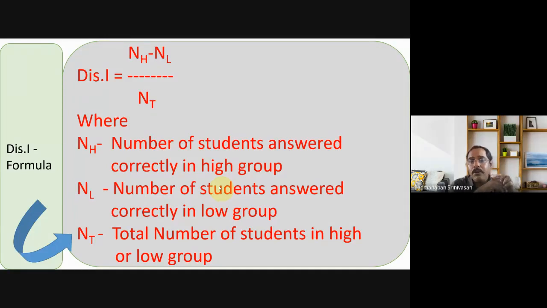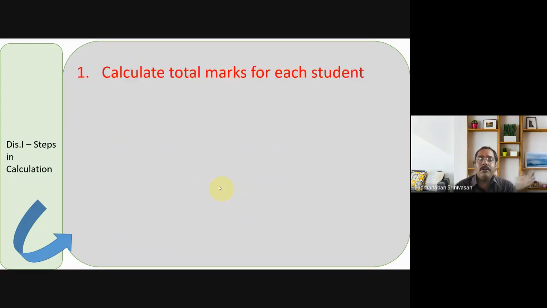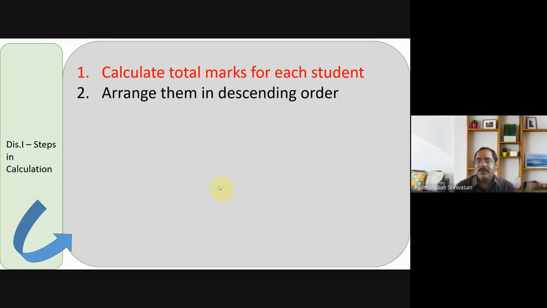But now we have to segregate our sample into two groups, high and low. I am giving the example. These are the steps. Calculate the total mark for each student. Suppose you are giving it to 10 students, calculate the total marks of the 10 students. Arrange them in descending order, top to bottom.